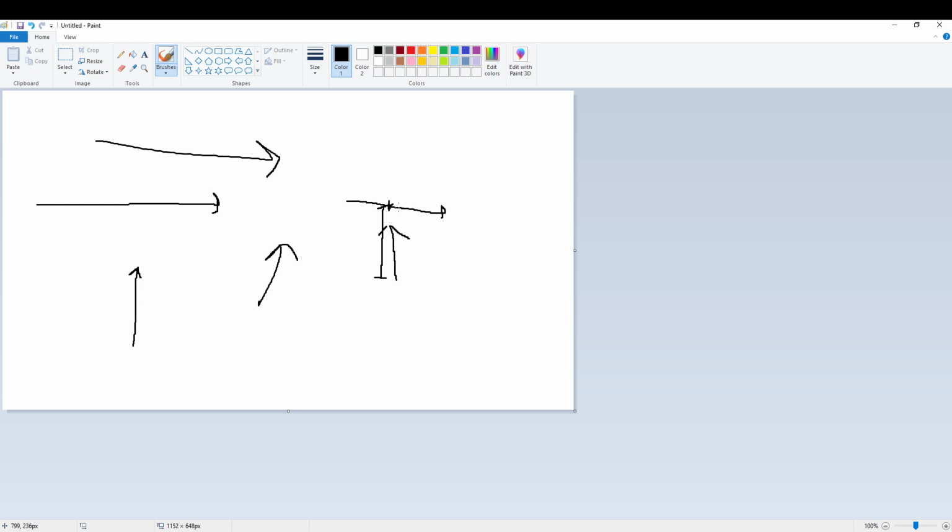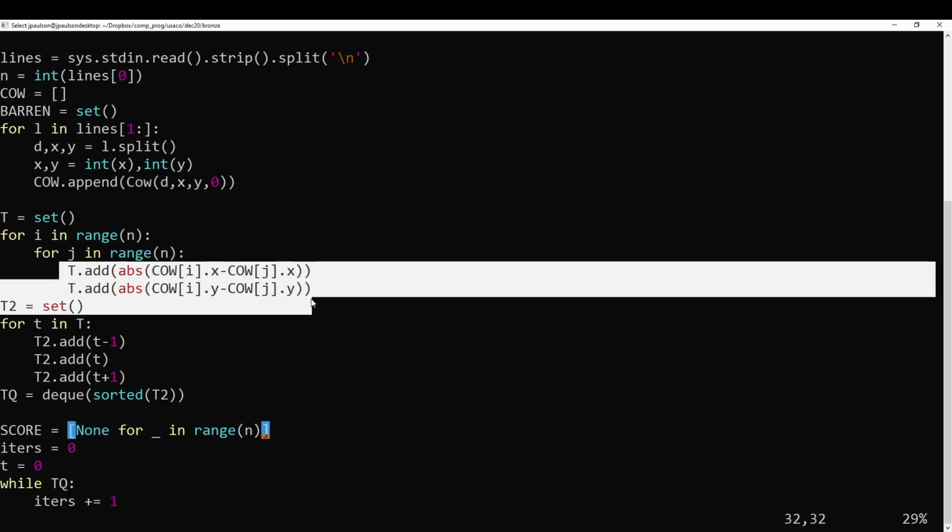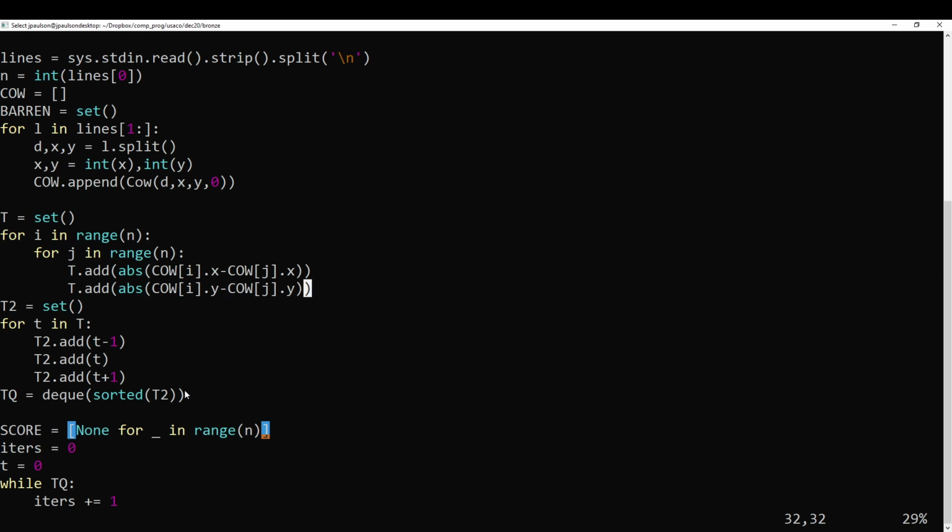And another interesting time is this amount of time, right? How long it takes this cow to get to this coordinate. And so this is the difference in x's, and this is the difference in y's, right? And those are like the two times when these cows might intersect. And so that's why we've written those down.